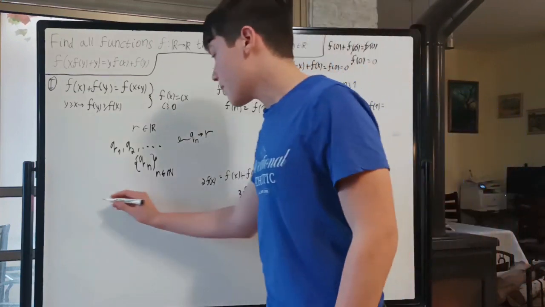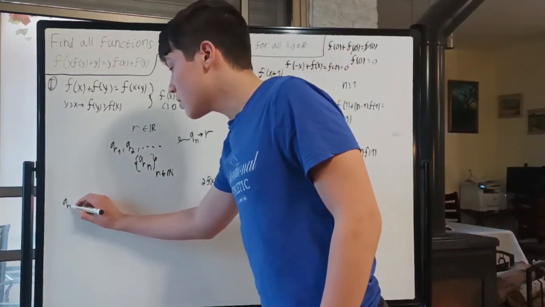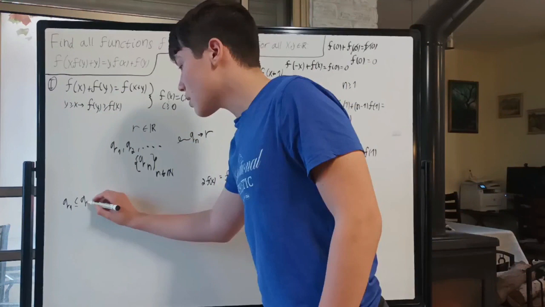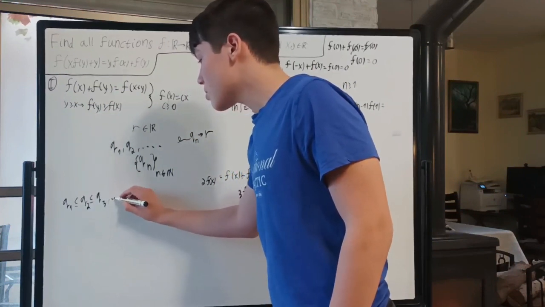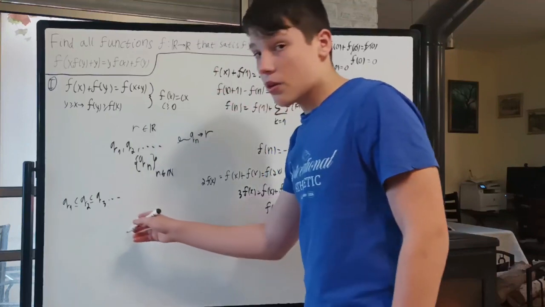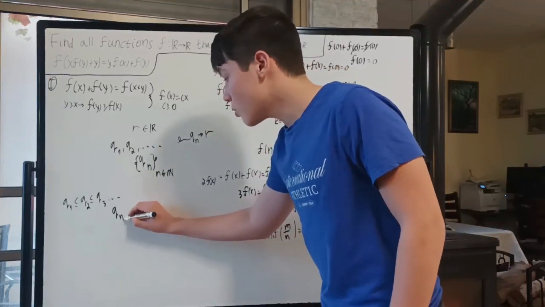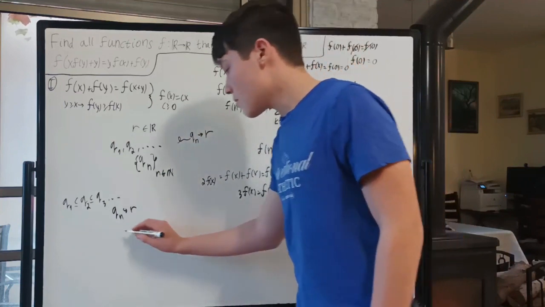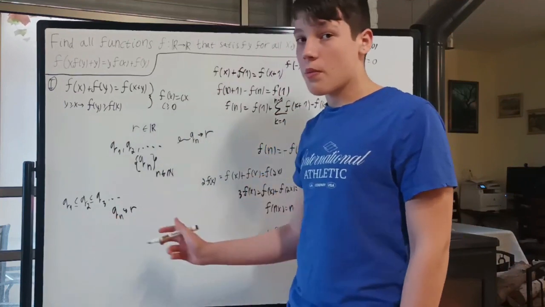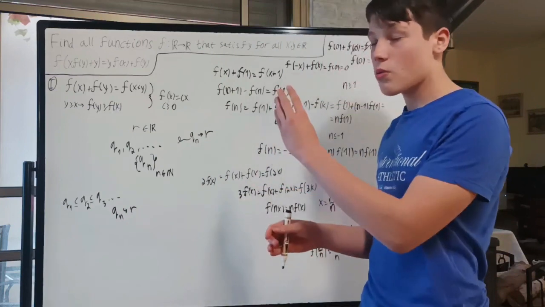So there is a series such that Q1 is smaller than Q2, smaller than Q3, and so on. All of these are rational numbers such that Qn approaches R from below, because it's increasing towards the number R.